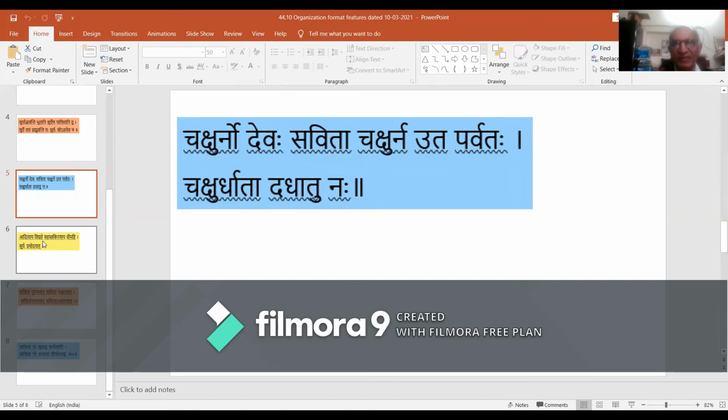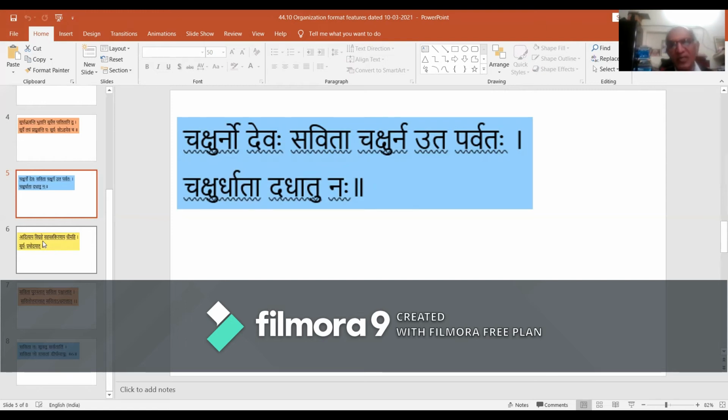Let us sit comfortably. Let us revisit the values of this phase and stage. This phase and stage is focusing upon Chakshu, eye, as the divine organ which is responsible for the upward flow of the reach up till the top of the mountain.